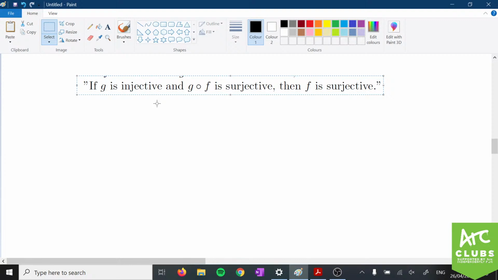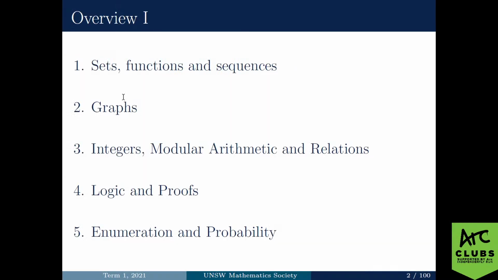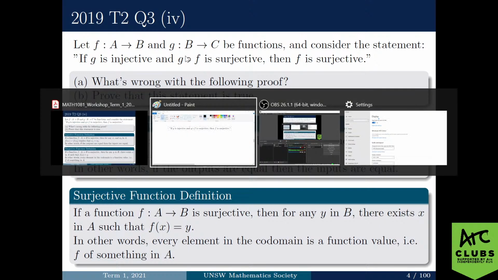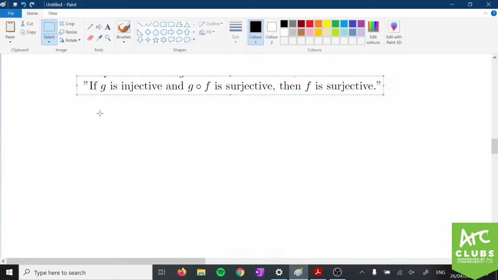And so, to prove that the statement is true, we have to assume what we're given first. And what are we given? We're given that f is a function from A to B, and g is a function from B to C. That's our first assumption.